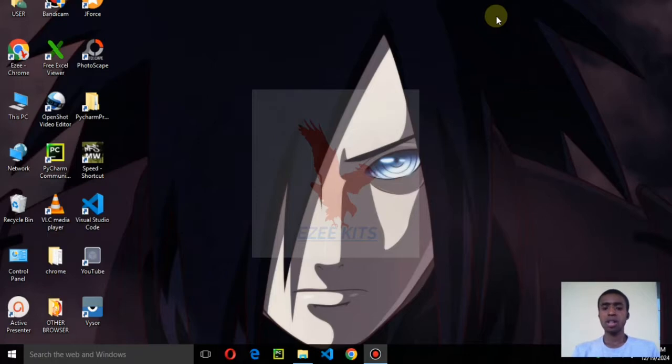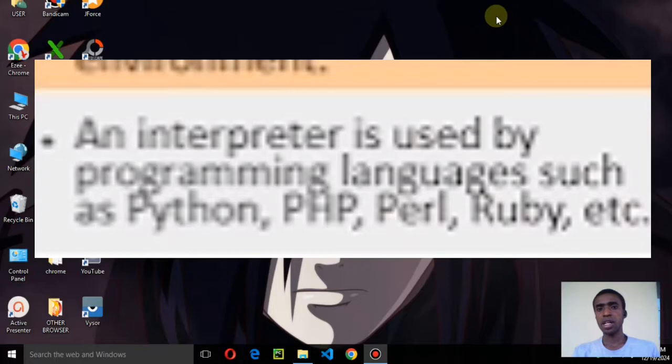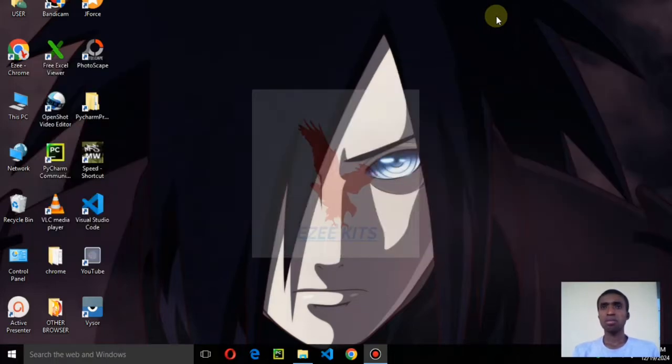Examples of programming languages that use an interpreter: Python is the most popular one known that uses an interpreter. We also have JavaScript, which also makes use of an interpreter. Rust, I think there are a few others, which you can just look up to check.